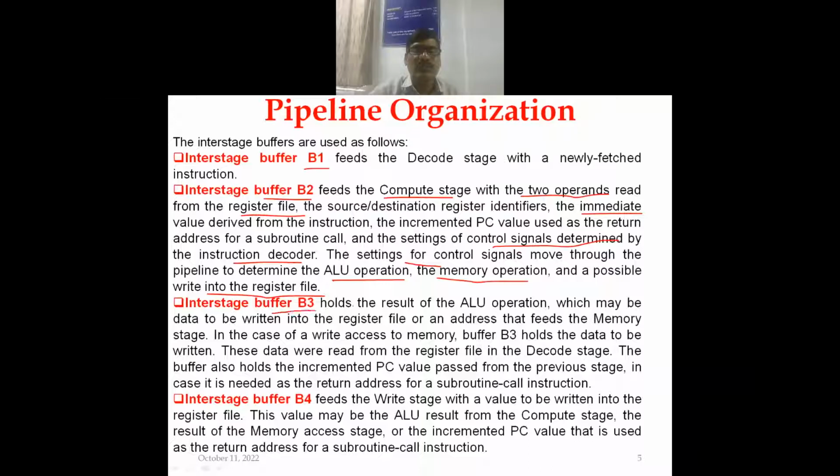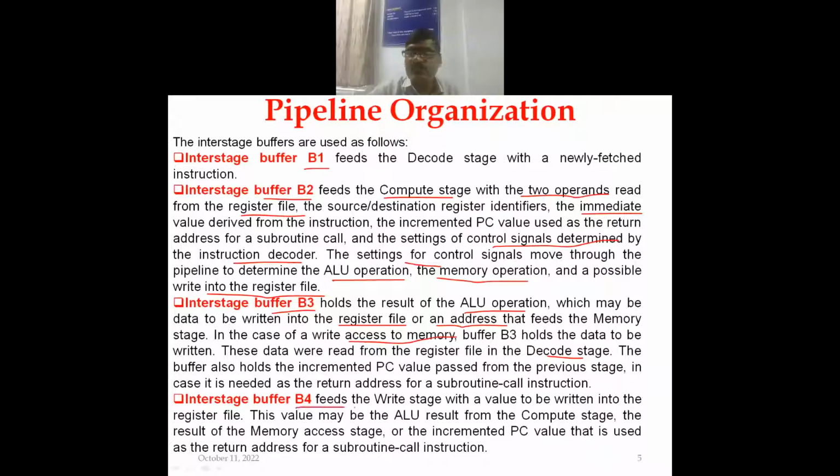Similarly, interstage buffer B3 holds the result of the ALU operation, which may be data to be written into the register file, or data to be written into a memory address. In case of a write access to memory, buffer B3 holds the data to be written, which was read from the register file in the decode stage. The buffer also holds the incremented PC value passed from the previous stage, in case it is needed as a return address for a subroutine call instruction.